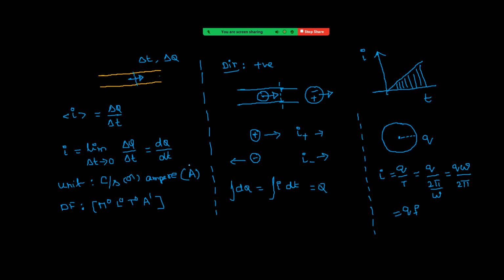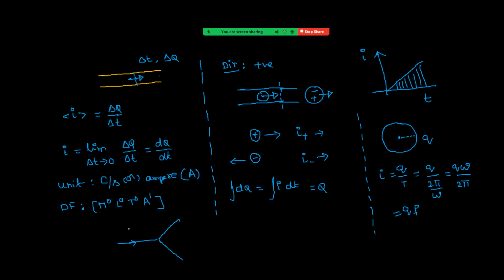Next, we can see one more thing here. Even though current has direction, it is not a vector quantity. I will explain here why it is not a vector quantity. For example, this is one conducting wire, and here one more conducting wire like this, and one more like this.